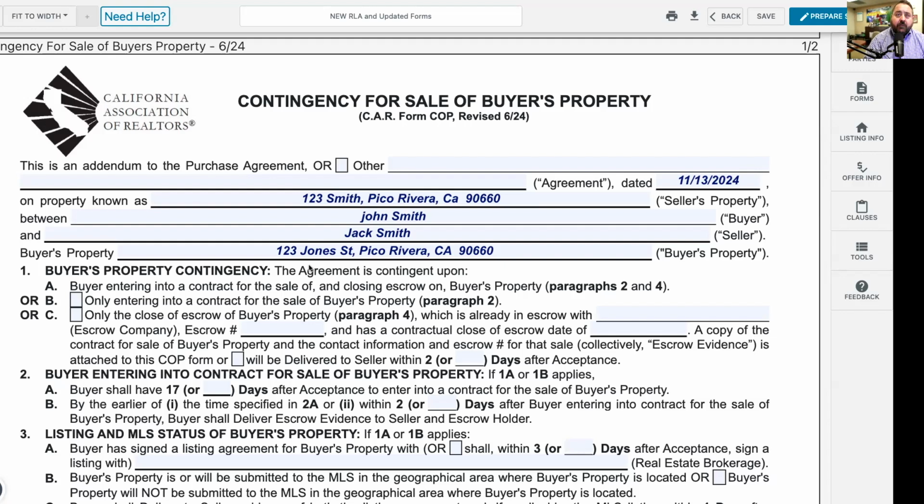The other issue that we have is if I get my offer accepted as a buyer who is also a seller, my contingencies normally start when my offer is accepted, which means that if I get my offer accepted on my up leg prior to selling my down leg, I may have to remove contingencies on my up leg prior to my buyer having to remove their contingencies on my down leg.